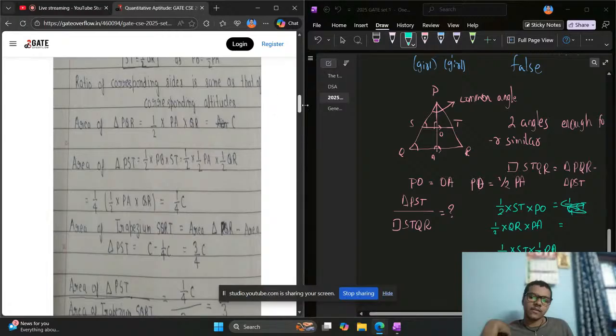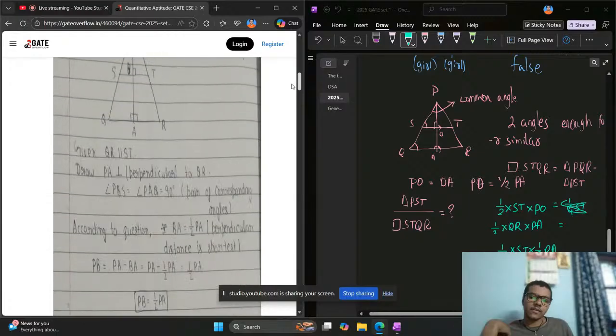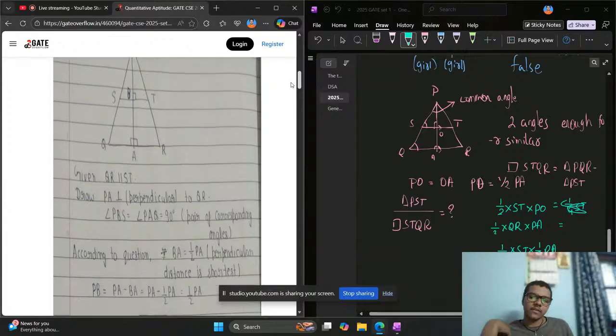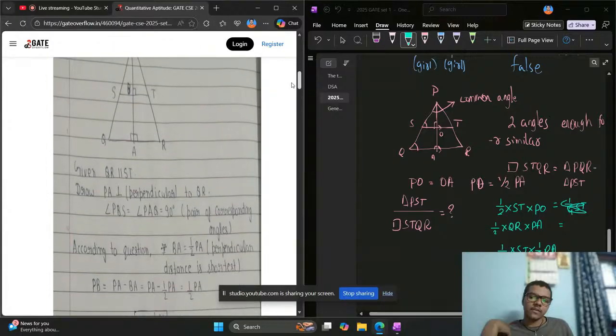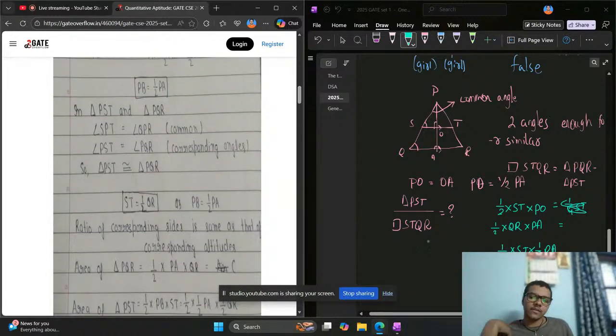Do you have any relation between ST and QR? Yeah, good. That's the point of similarity, right? 1 by 2 into QR. 2 times ST is equal to QR. By similarity, ST is equal to half QR.